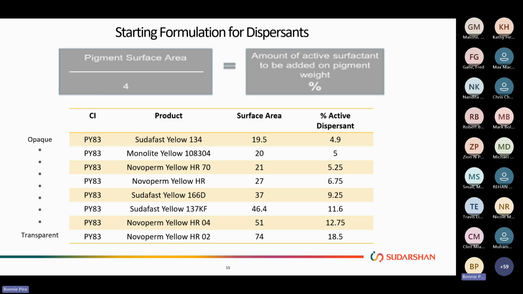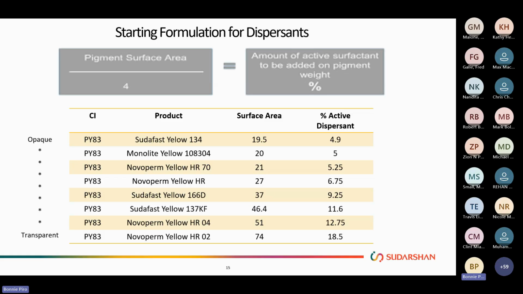Some examples here. Particle size results in surface area, and that's always going to affect how you formulate. This chart is a series of pigment yellow 83 pigments that differ in particle size, so as a result they have a different surface area.